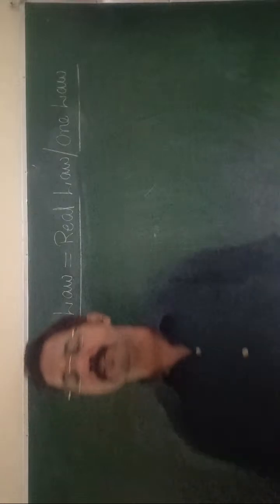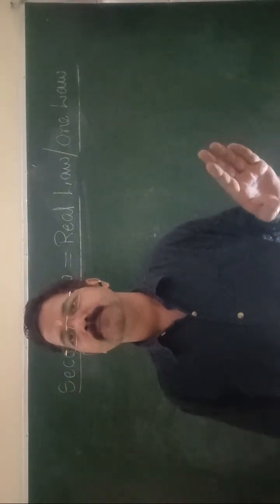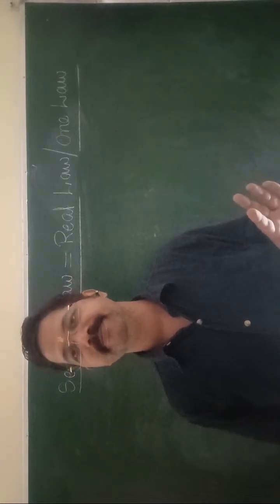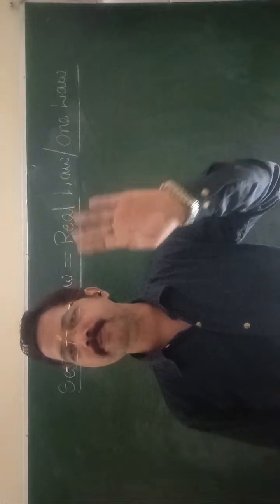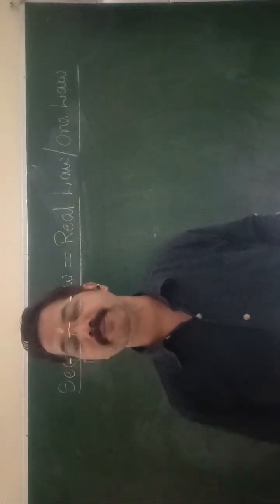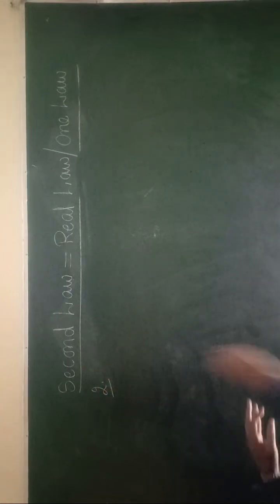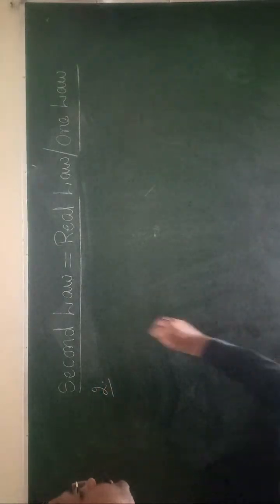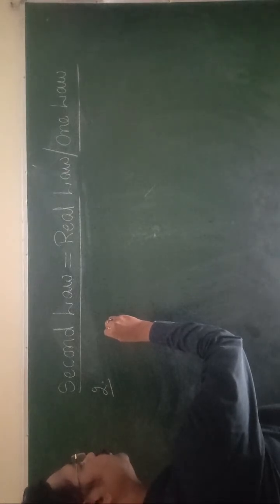So what does the first law tell? There is no external force. Body remains at rest, and if the body moves, then momentum remains conserved and velocity remains conserved. Now, I am deriving from the second law the third law also. So what about the third law?